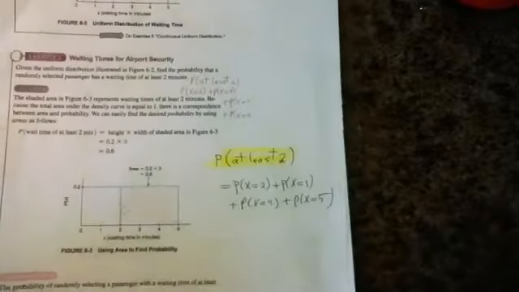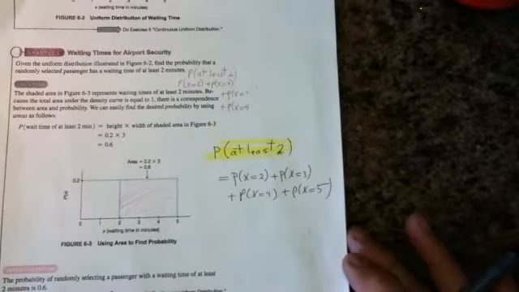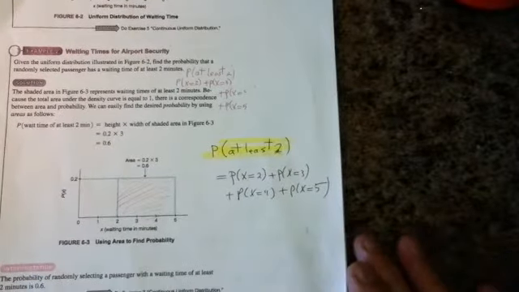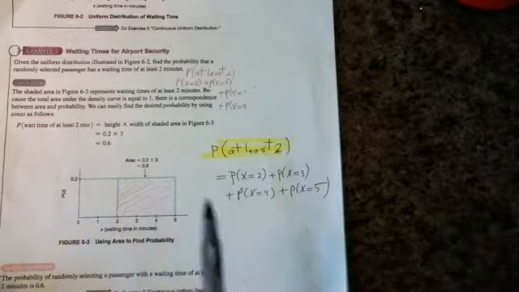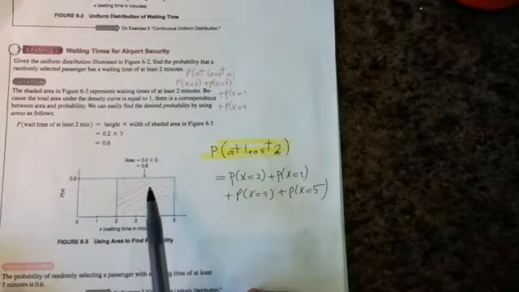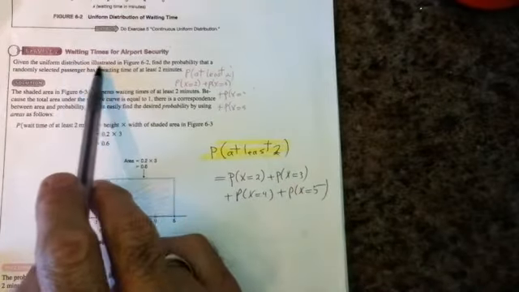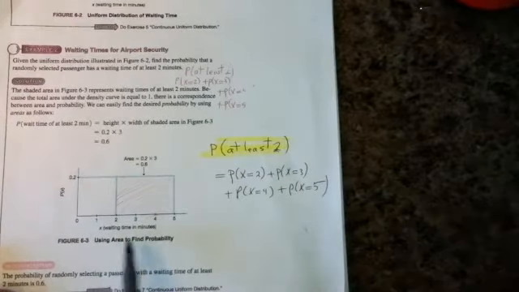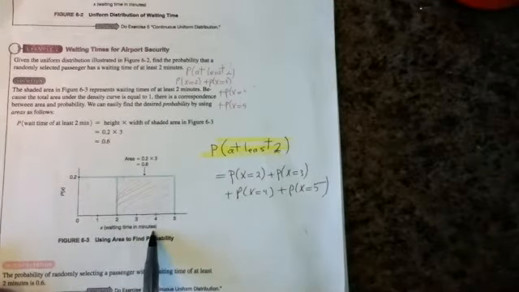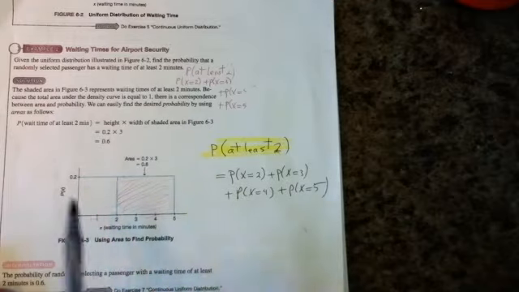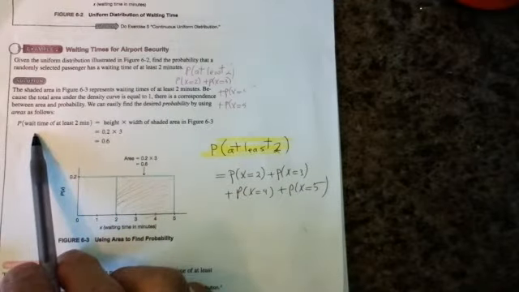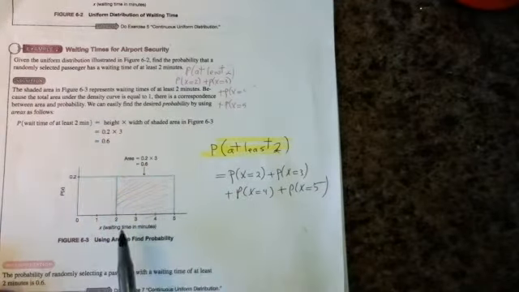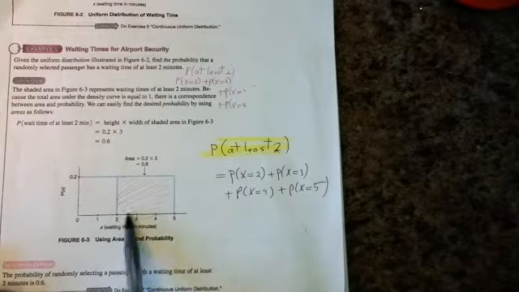Now, here is an example of how you would calculate the area if you have a uniform distribution. In this problem, it says it's a uniform distribution, the horizontal axis is the waiting time, and probability is the vertical axis. The question is, what's the probability of a waiting time of at least 2? At least 2 means greater than 2.